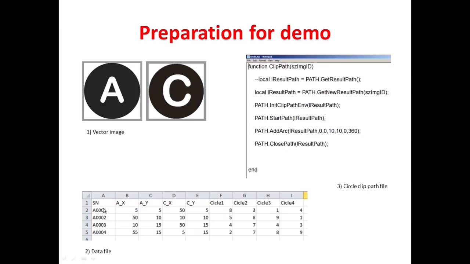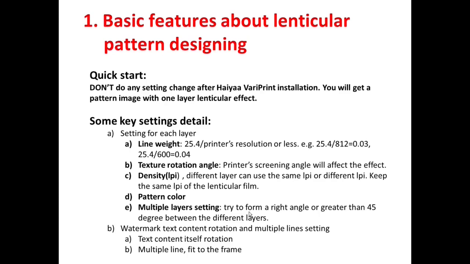Here SN is A001, 002 is a variable content, and X coordinate and Y coordinate are used to show how to input the vector image in different locations of the pattern. And circle 1, circle 2, circle 3, circle 4 are used to show that the content of each cropped lenticular pattern is changing, is variable.